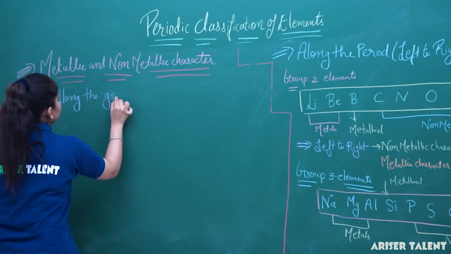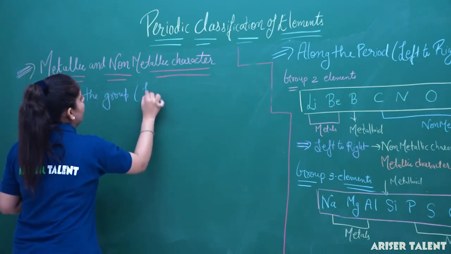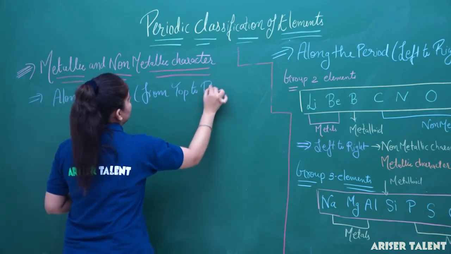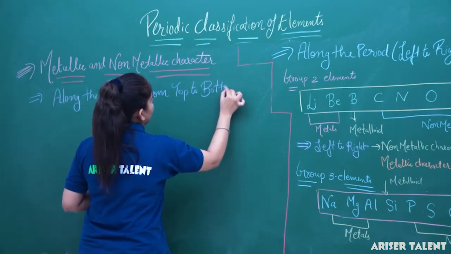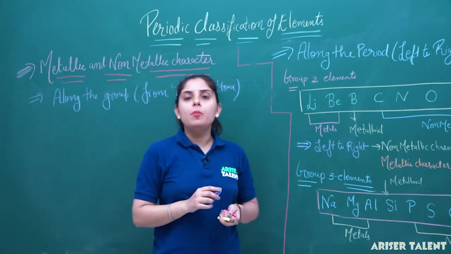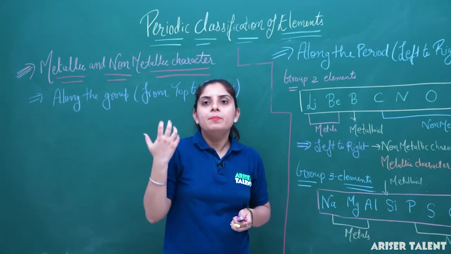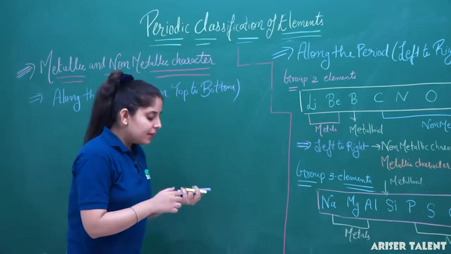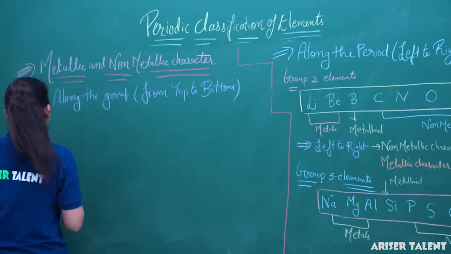Along the group means from top to bottom. Now what will happen here, if we are going from top to bottom, the metallic character is going to increase and the non-metallic character is going to decrease. So let us have some examples here.